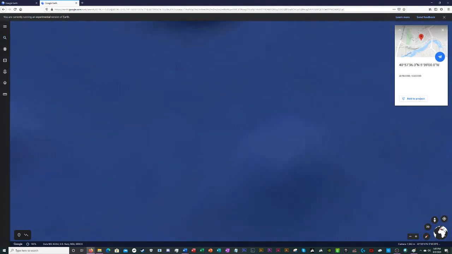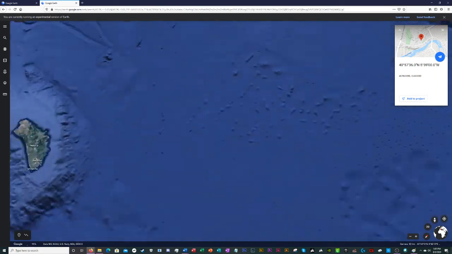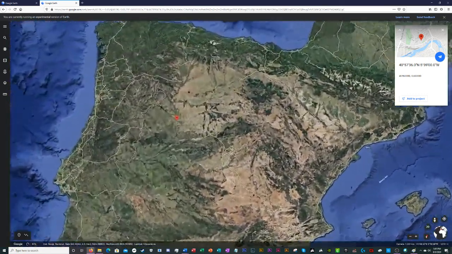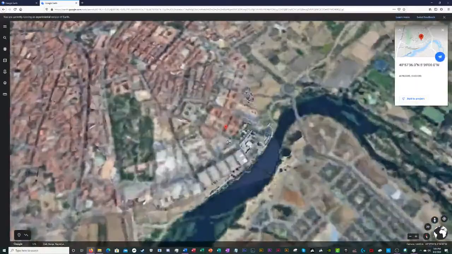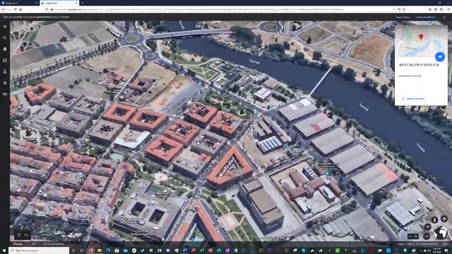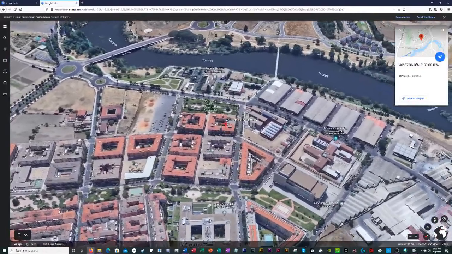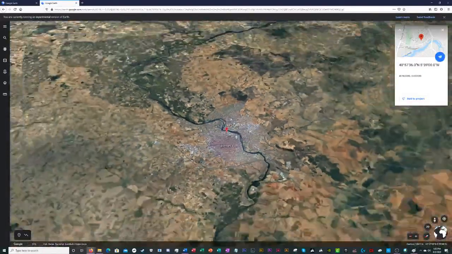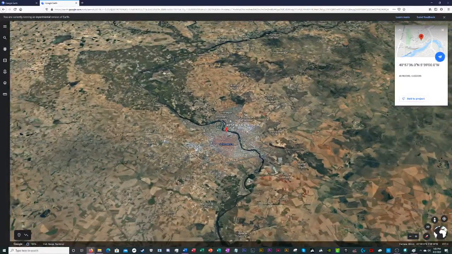And we can push enter here, and it'll take us back out and around to somewhere really fun. This is a really specific location, right? We can see it's somebody's building. What we want is the name of the town. So we can zoom out a little bit, and we can see there it is. It's Salamanca in Spain.